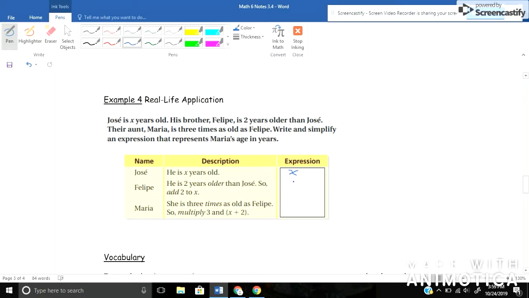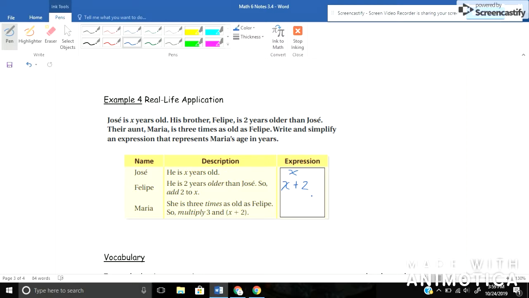When we go to Felipe in the next sentence, it says that he's 2 years older than Jose. So what we need to do to find Felipe's age is we need to take Jose's age, which is X, and we need to add 2. He's 2 years older. Okay? And in the last sentence, it tells us that their aunt is 3 times as old as Felipe.